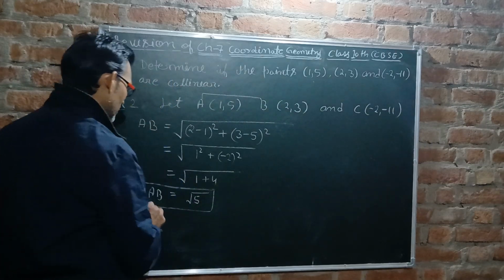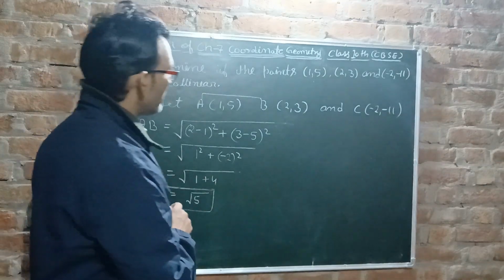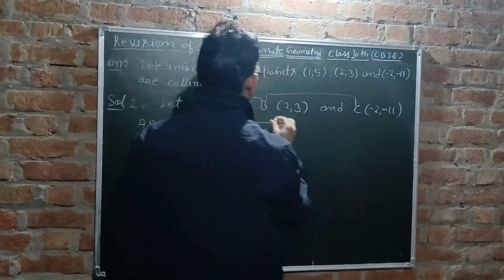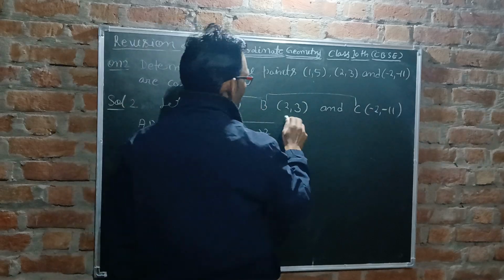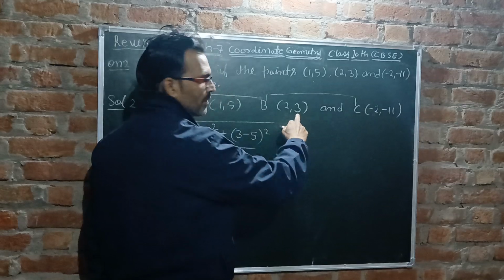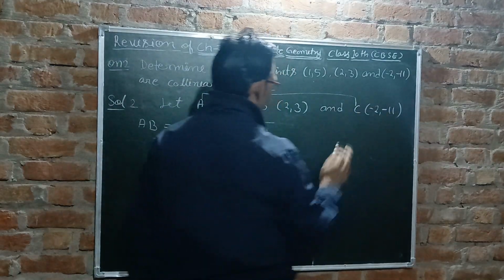This is our one thing, and we have to find BC also. For BC, see, our x1 is 2, x2 is minus 2, y1 is 3 and y2 is minus 11.